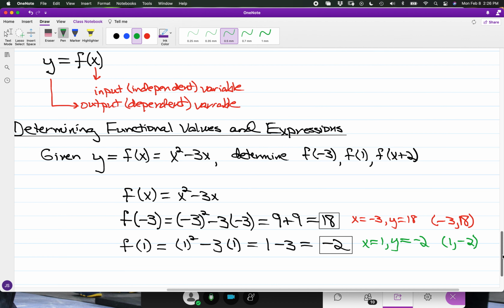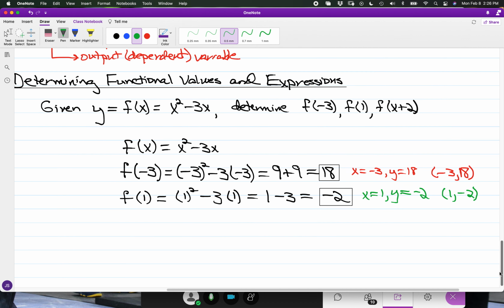Now, if I go from one variable expression to another, and say instead of the input variable at x, I change the x to x plus 2, what would the output become? I'm still going to operate with x plus 2 in accordance with what is prescribed for f of x.